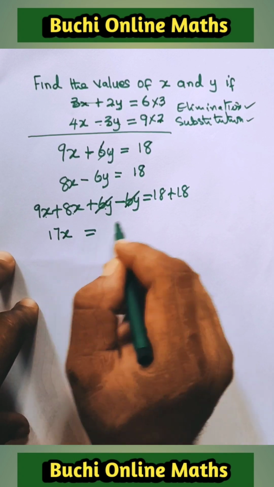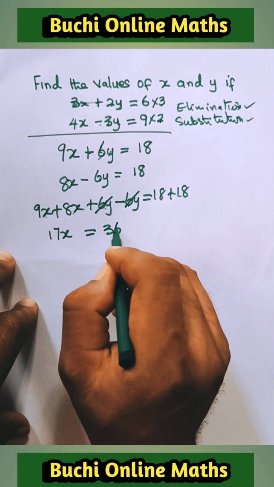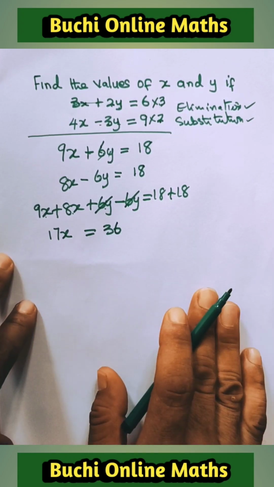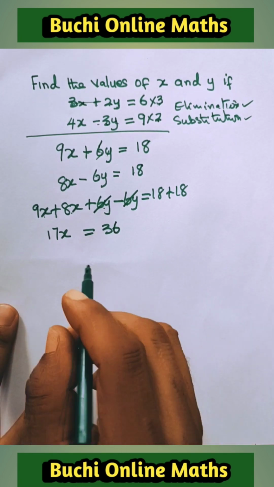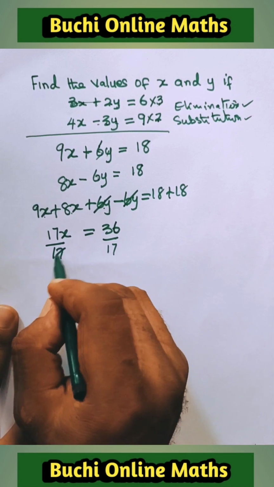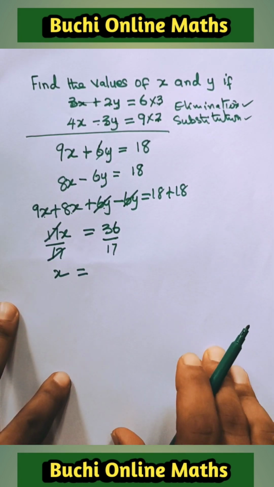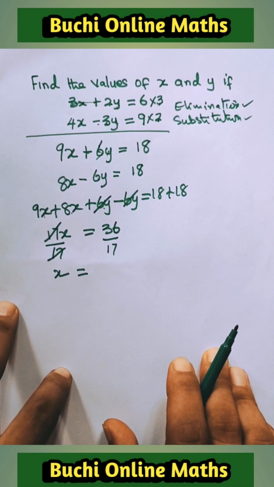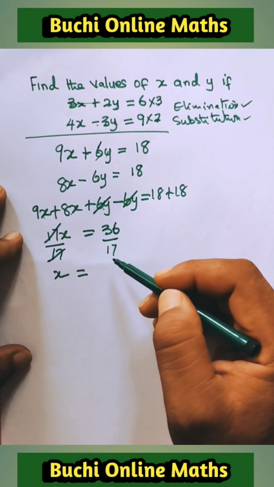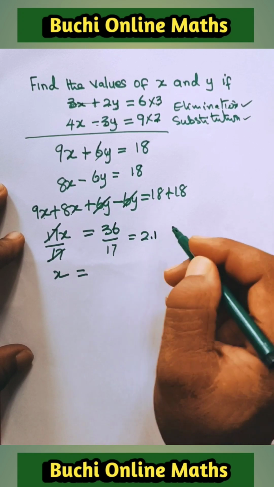Then equals 18 plus 18 will simply give us 36. Therefore, let us divide both sides by 17 in order to get the value of x. So 17 will divide 17 to give you x equals, let us divide 36 by 17. 36 divided by 17 is approximately 2.1.